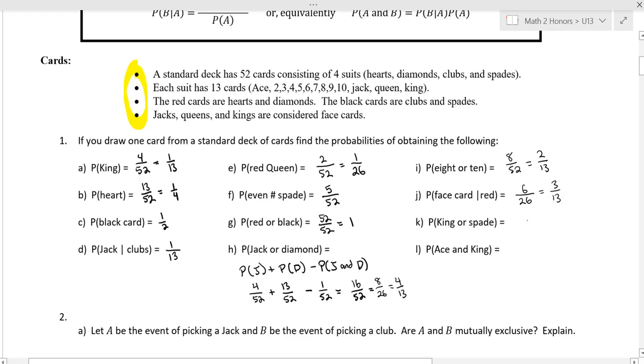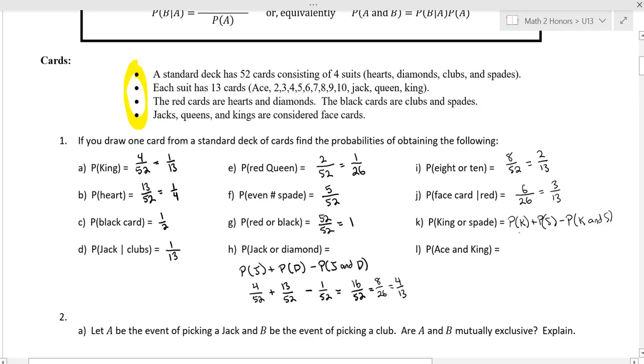Probability of a king or a spade. So I'm going to treat this like H, so that's the probability of getting a king plus the probability of getting a spade minus the probability of getting both a king and a spade.